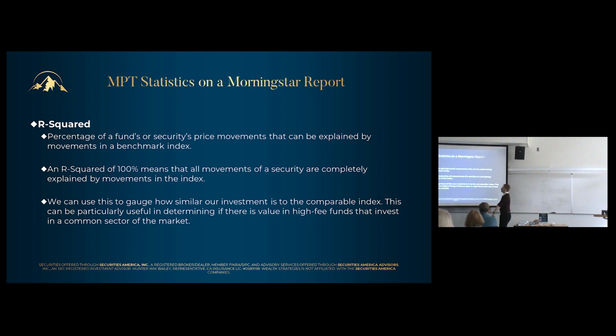We talked about R squared as well, which is basically an explanation of how much of the volatility or price movements that you're seeing can be explained by a benchmark that we're comparing to. Again, usually that's your whole market or S&P. Most of these statistics, it's generally accepted that we use the S&P as a reference point.